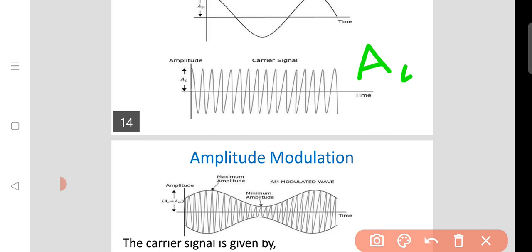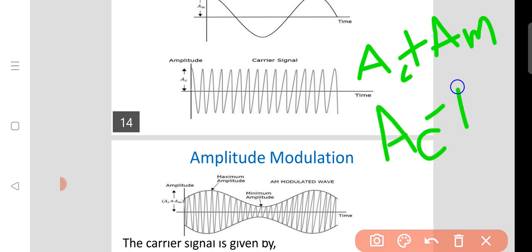The AC became AC plus AM at the positive peak of the message signal. This AC minus AM occurs at the negative peak of our message signal.